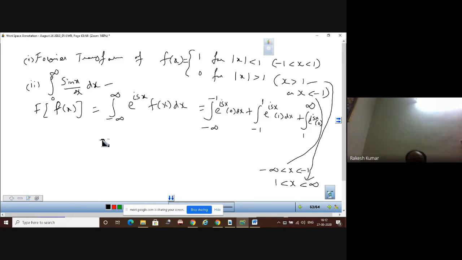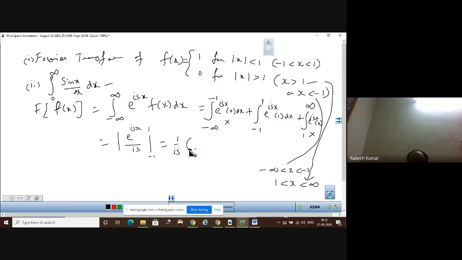So this integral will vanish, and this integral will also vanish. You will integrate the term e raised to power iota s x, after integration divide by iota s, and the limits are -1 to 1.